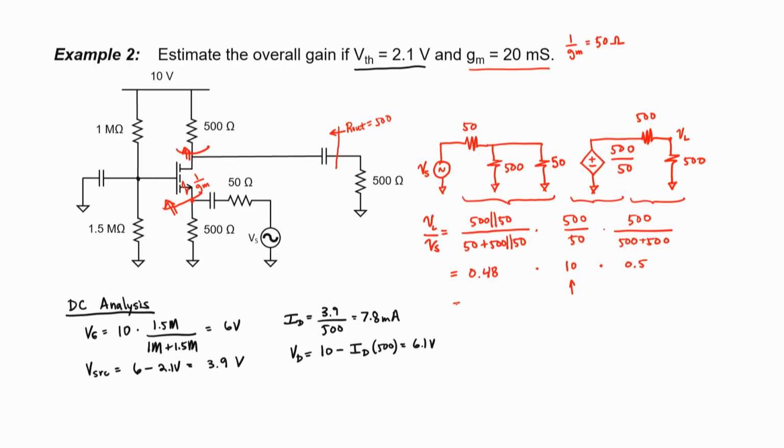And that's really typical. You tend to get larger gains from common base amplifiers than with common gate amplifiers. When we multiply these three numbers together, we wind up with 2.38 as the overall voltage gain. That's not very good, but it's not very bad either.